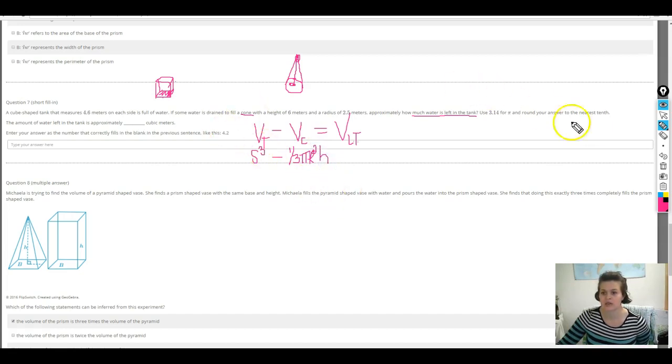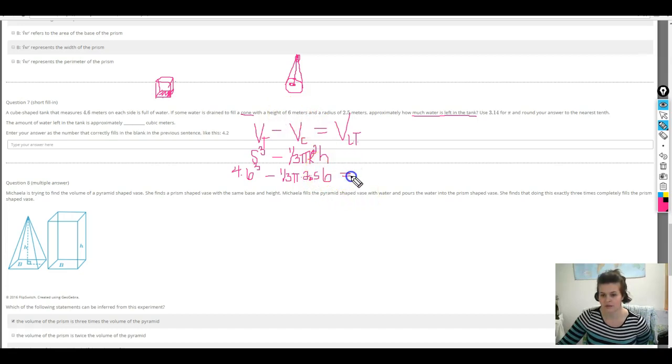So now we're going to use substitution property of equality. Since the sides of our cube-shaped tank were 4.6, we're going to have 4.6 cubed minus 1/3 times pi times the radius, which was 2.5 meters, times our height, which is 6 meters.